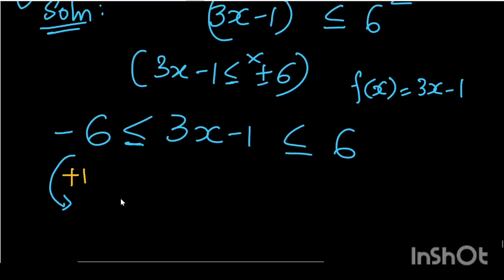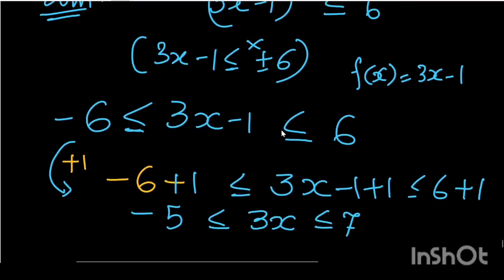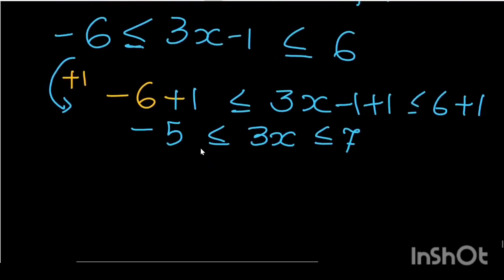So what we will get, guys, minus 6 plus 1 less than or equal to 3x minus 1 plus 1 less than or equal to 6 plus 1. So yes, when we add 1 it becomes minus 6 plus 1, minus 5, minus 1 plus 1 gets cancelled, 6 plus 1 becomes 7.